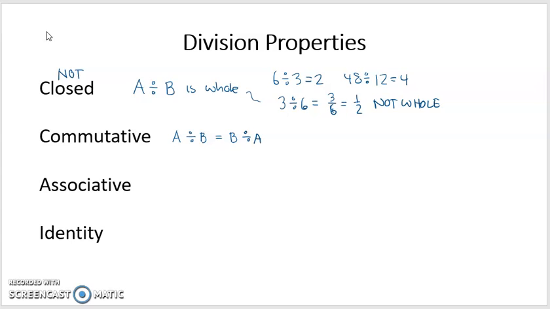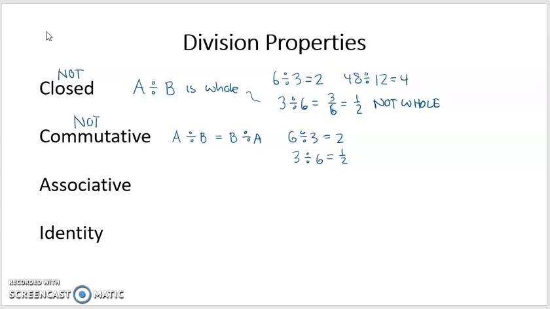We said that 6 divided by 3 equals 2, but 3 divided by 6 equals 1/2. So we found a case where A divided by B does not equal B divided by A. But remember, to be false in mathematics, you just need one case where it's false. So this is false. It's not commutative.